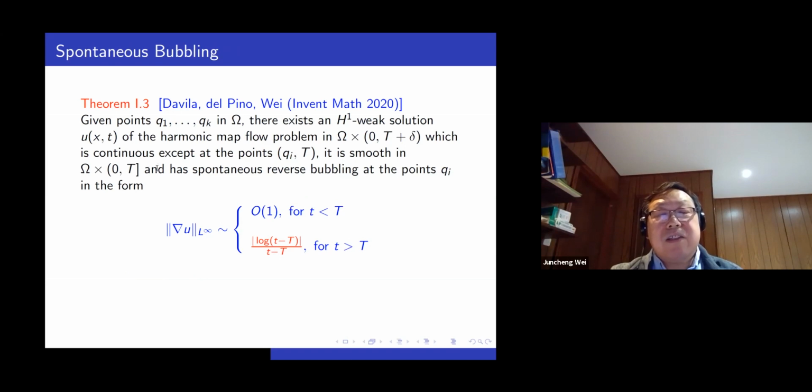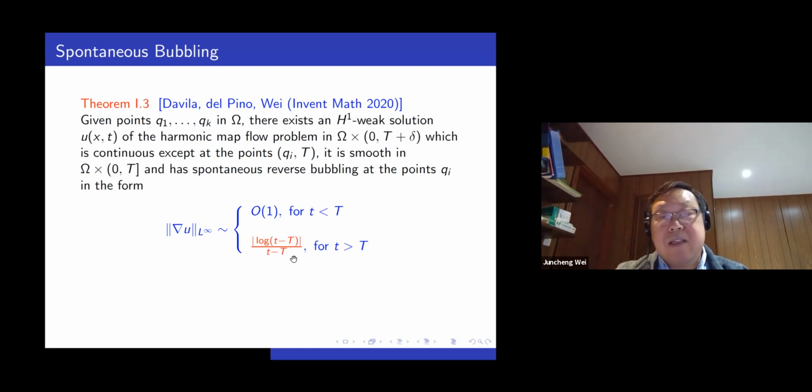Okay, and there's another kind of bubbling, which is a spontaneous bubble, which is when t less than capital T, you don't have a bubble, so the solution is smooth and nice. But then you can attach a bubble for t greater than capital T, and the blob rate will be log over t minus T.